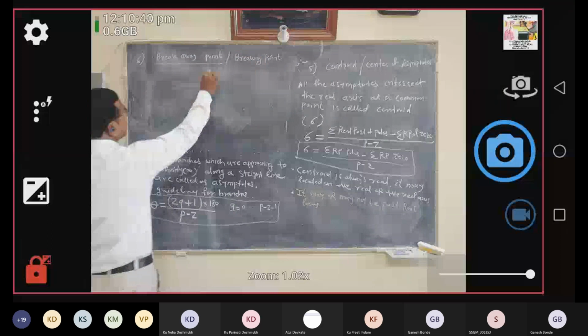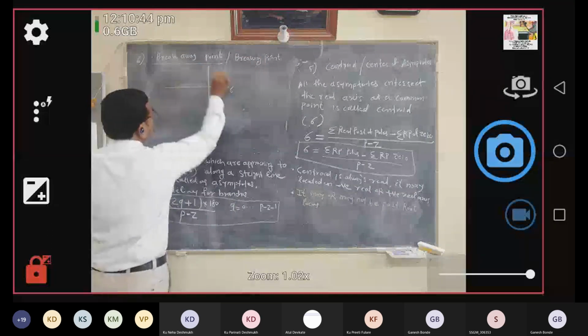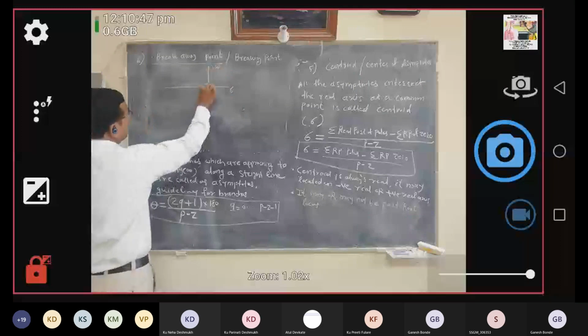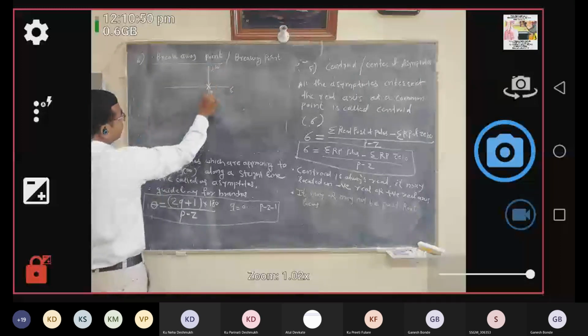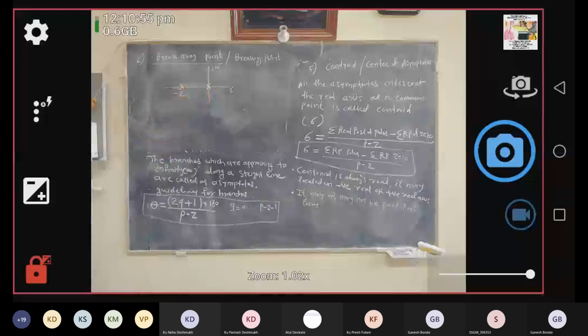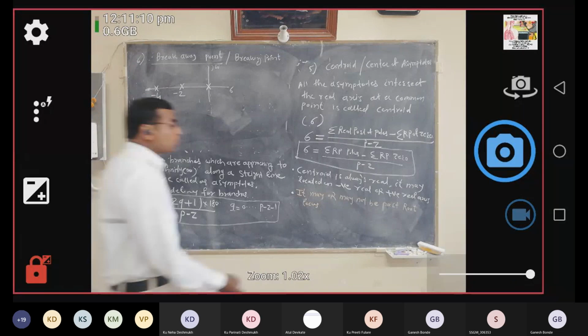I will give you a small example. Let's say this is our S plane. One pole is located at the origin, one pole is located at -2, and a third pole is located at say -4. If you apply rule number 3 here, which section is a part of root locus and which is non-root locus?